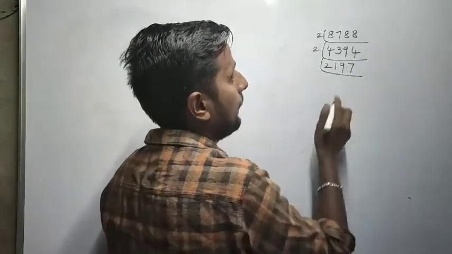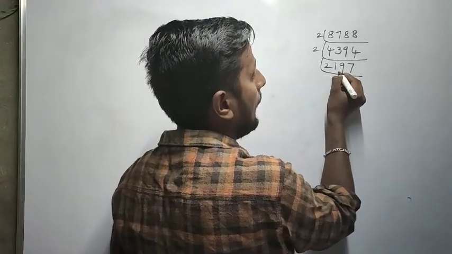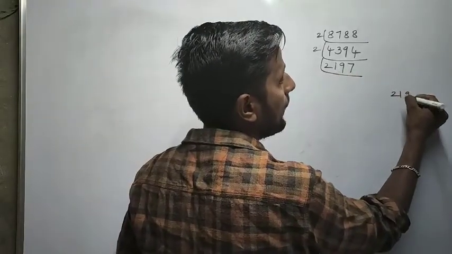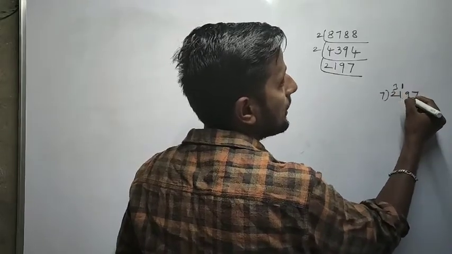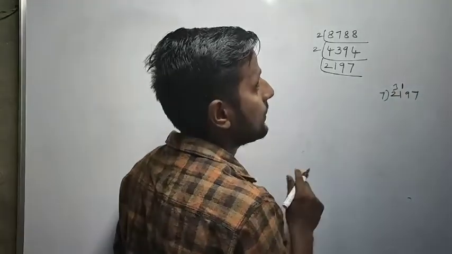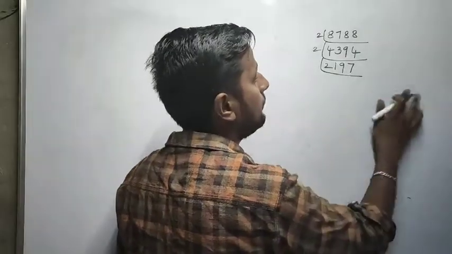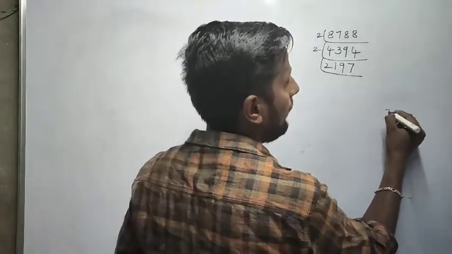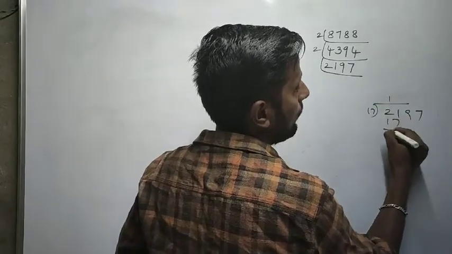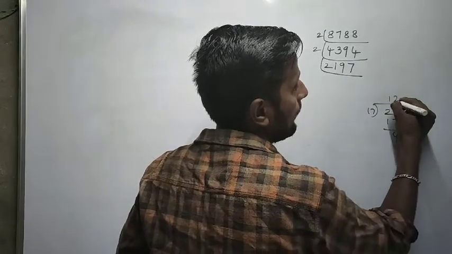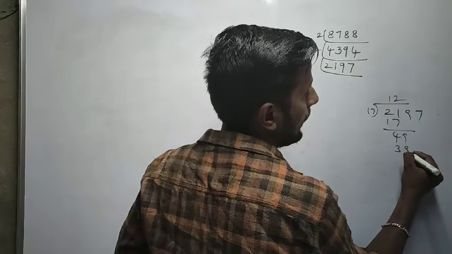Maybe. 2197. 7 3s are 21. 7 1s are 7. No. 17. 17 1s are 17. 4 9. 17 2s are 34.